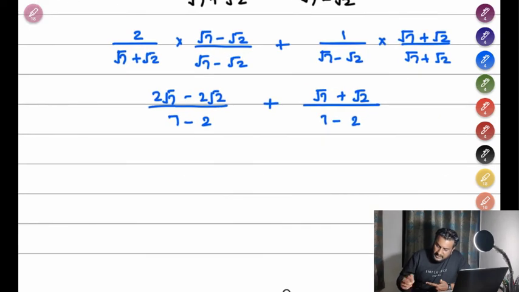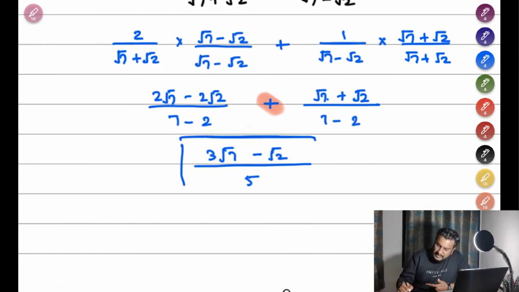In both cases our denominator is the same, so I can write the combined denominator as 5 because we need to write a combined fraction. Now there are 2 root 7 and root 7, so this will give us 3 root 7 because we have an addition sign. Negative 2 root 2 plus root 2 will give us negative root 2. So this is your combined single fraction.